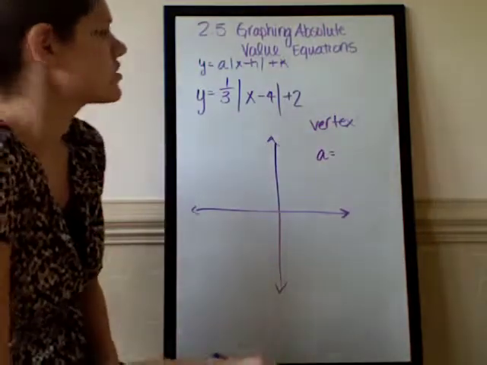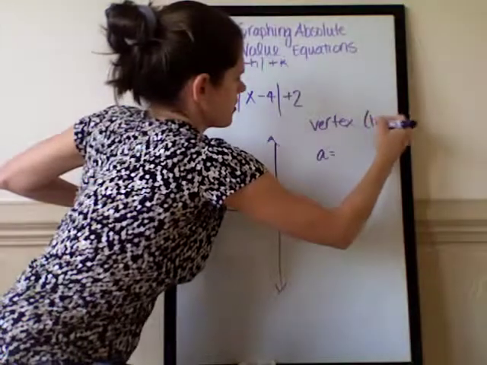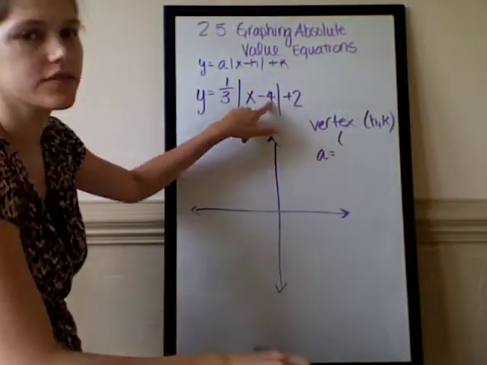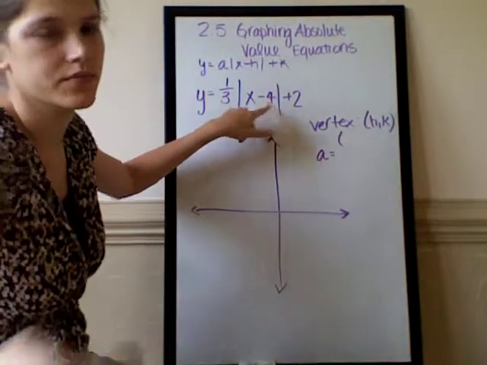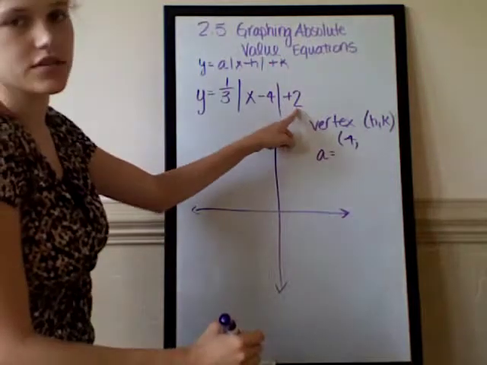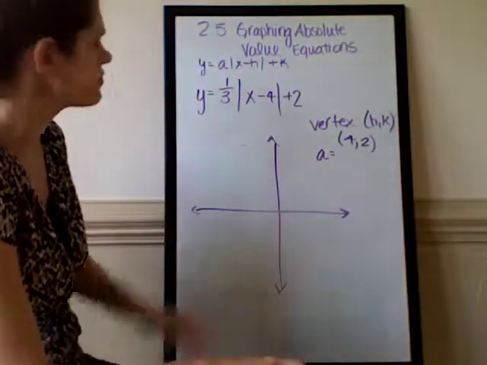Alright, so first off, identifying that vertex, HK. My H value is a positive 4, and my K value is a 2. So vertex is 4, 2.